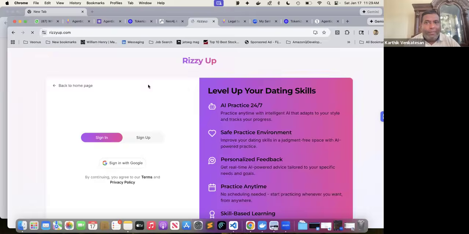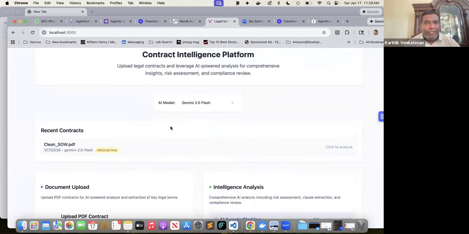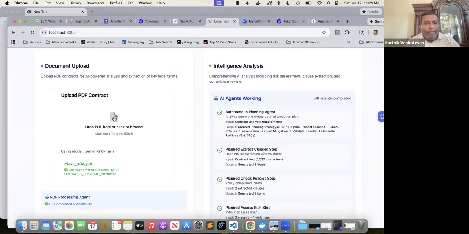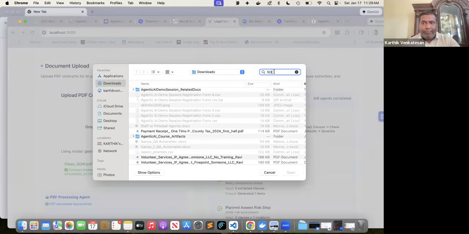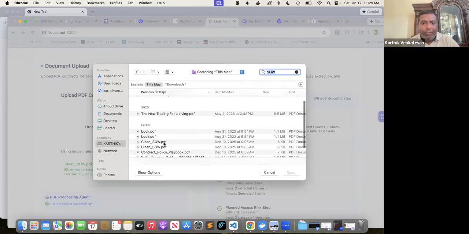So the other one I wanted to show is, we spent already a lot of time. So this is the multi-agent legal contract platform. I have some sample SOW. Yeah, clean SOW.